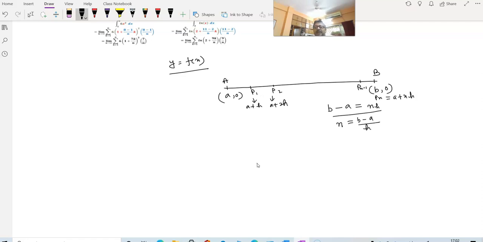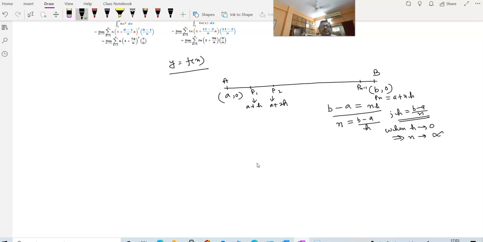It is quite obvious that when h is tending to 0, this implies that n is tending to infinity. Or the opposite: when n is tending to infinity, it will imply h is tending to 0.